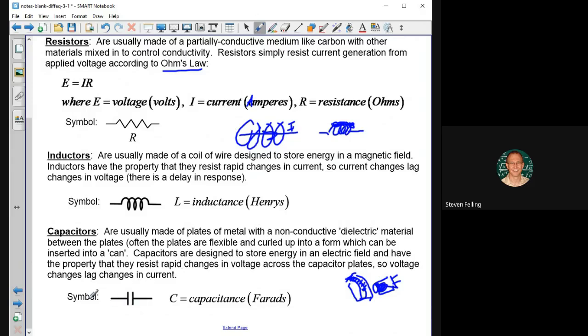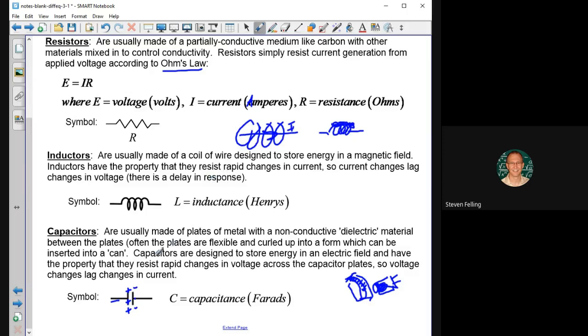What capacitors have the ability to do is, if you try to put charge into one side in the form of a current, direct current can't flow through a capacitor. But what it does is cause charge to build up in the space here. So it creates an electric field between the plates. So capacitors have the ability to store energy in an electric field, whereas inductors store it in the magnetic field.